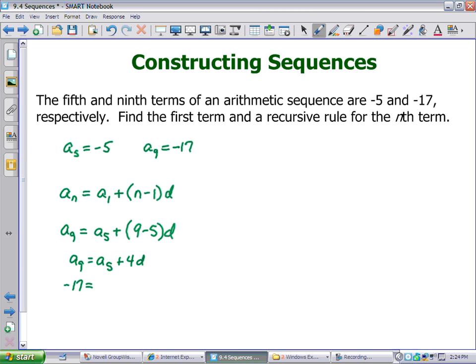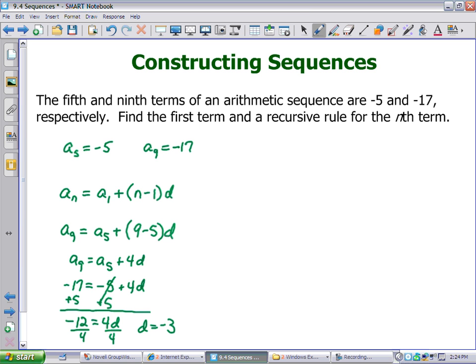A sub 5 is -5. So plus 4 common differences. If I add 5 to the other side, you get -12 equals 4 common differences. Divide by 4, and your common difference ends up being -3.